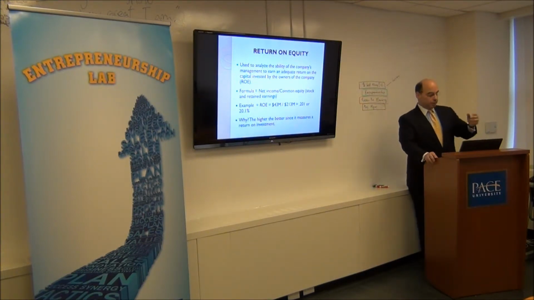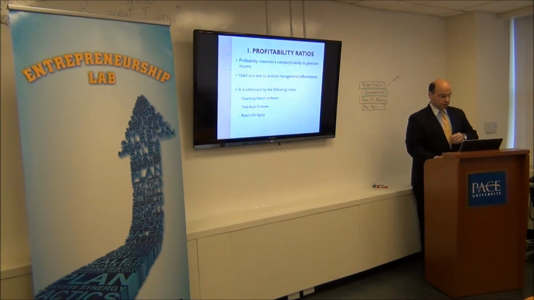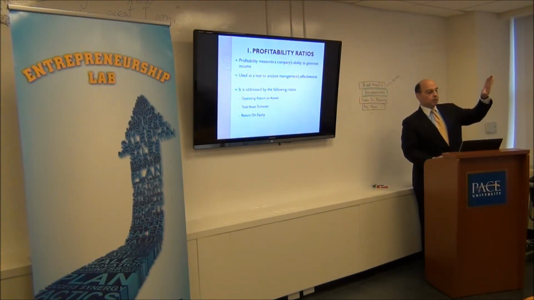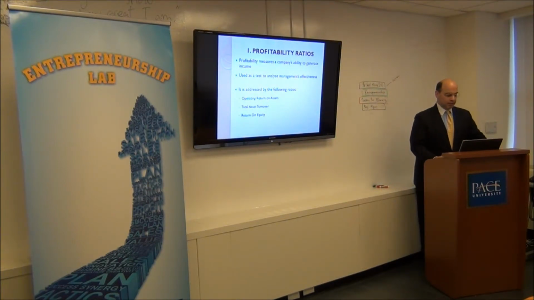So those were the three ratios: operating return, total asset turnover, and return on equity. We took components of the income statement as the numerator, and then put them over the balance sheet, which was the denominator. Then we asked ourselves, how's my business doing? What action do I need to take on that?